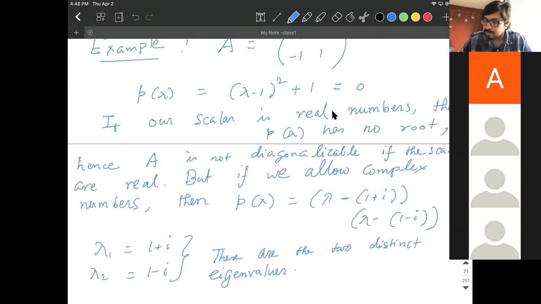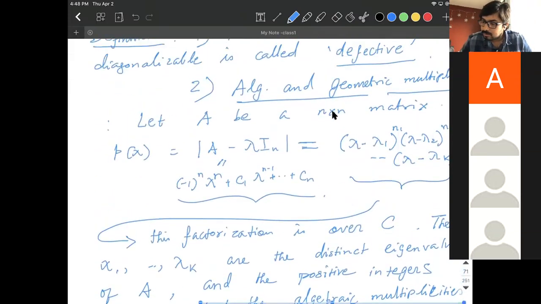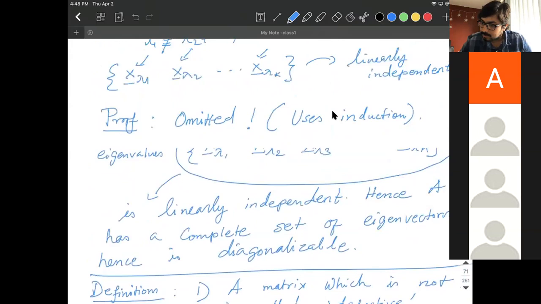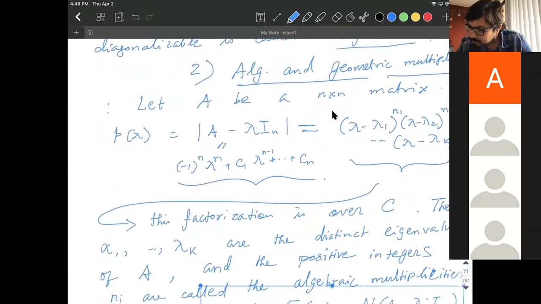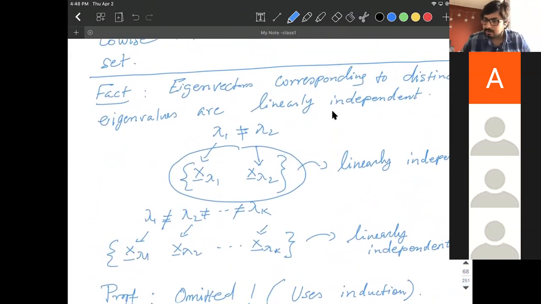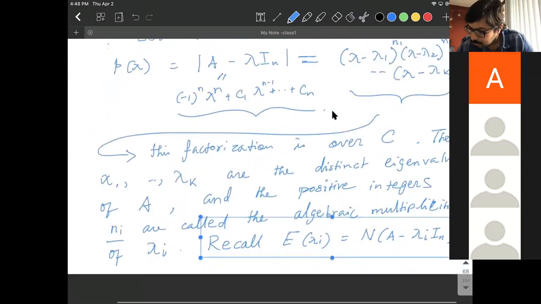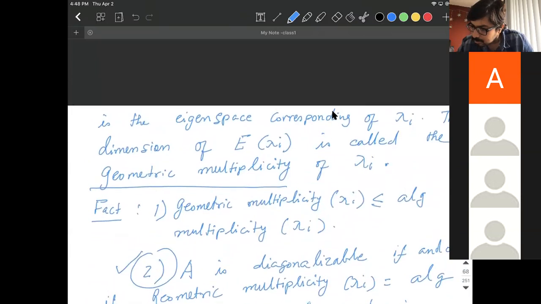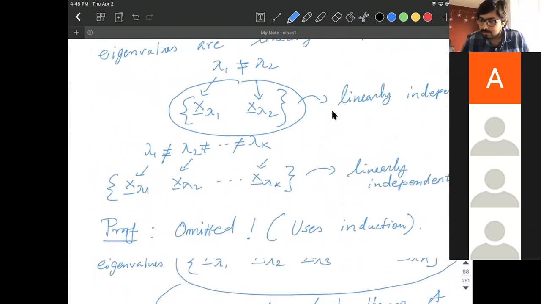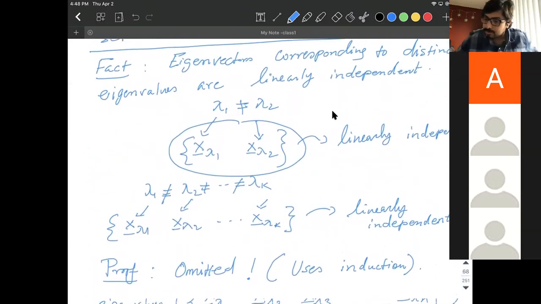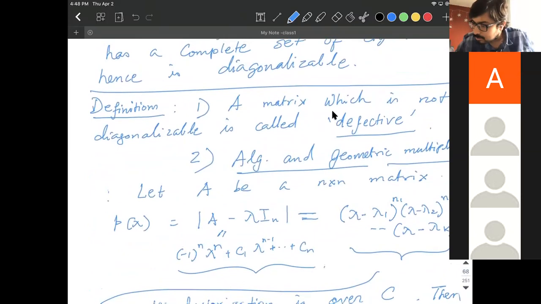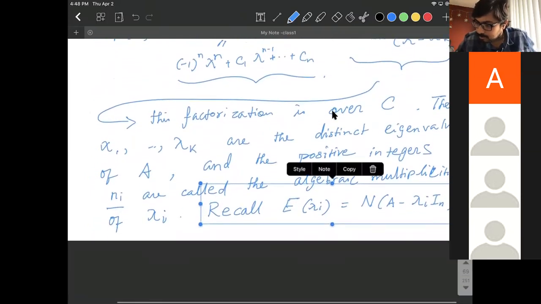And hence by this particular fact, which we did previously, that eigenvectors corresponding to distinct eigenvalues are linearly independent, we had this corollary, which somehow disappeared now.